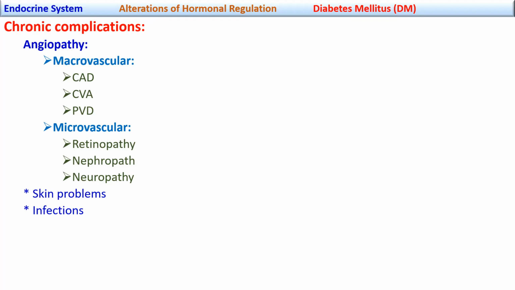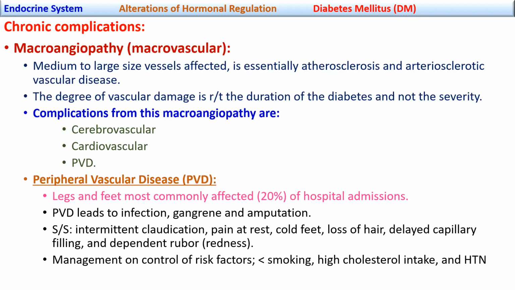Nephropathy, the kidney may also deteriorate in terms of vasculature, and eventually the kidney function would decrease and result in kidney failure. Neuropathy, skin tissue problems, infections, and so forth.